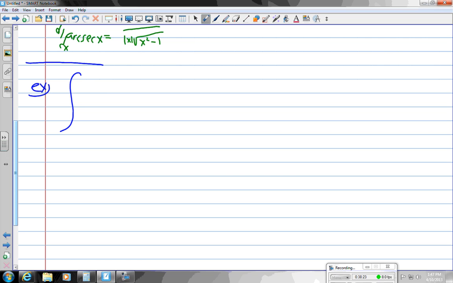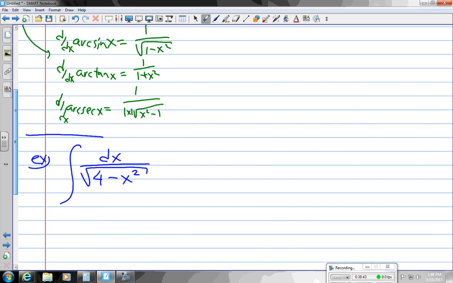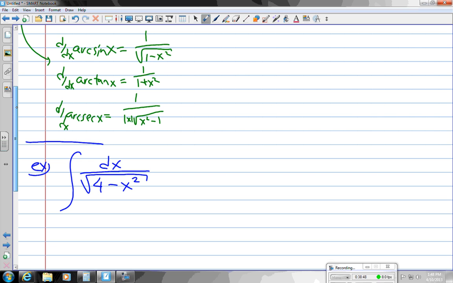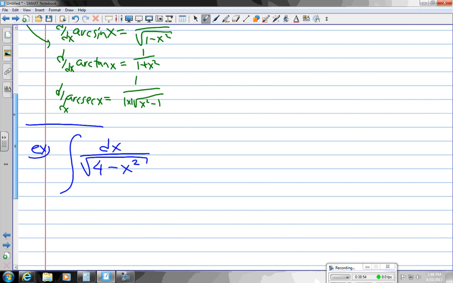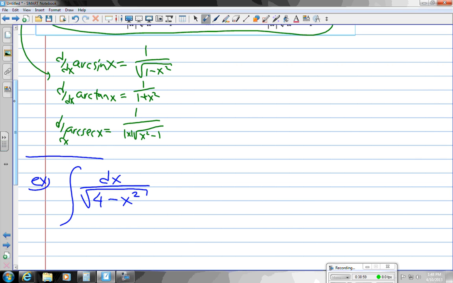Integrating dx over the square root of 4 minus x squared. It doesn't have to be 4, it could be any perfect square, really. So if you look at this expression, you have basically 1 in the numerator, and in the denominator you have a constant minus x squared under the square root.